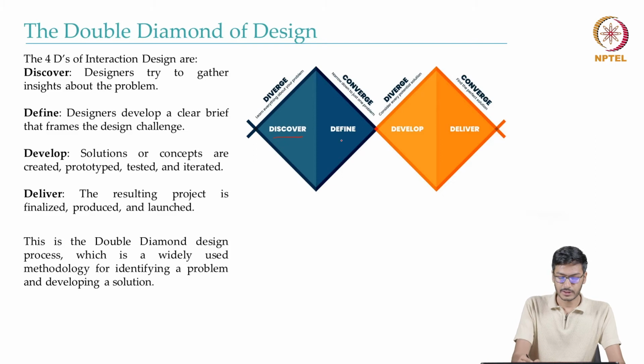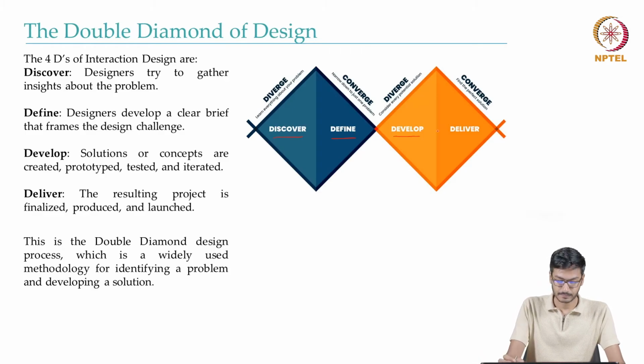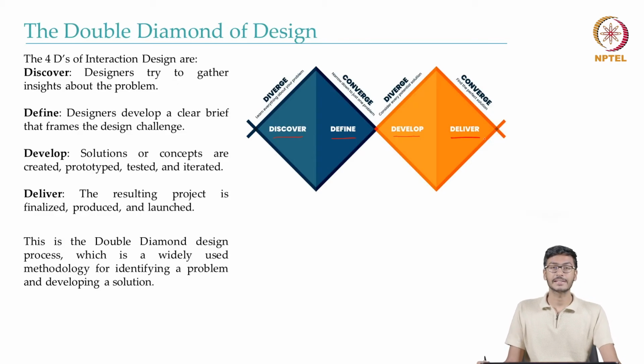As we move forward, we define the problem, what exactly challenges are faced by the users, and then we develop solutions and test it. And finally, we deliver the product which is finalized and launched. This is the double diamond design, which is widely used for identifying a problem and developing its solution. We'll spend a few more minutes on this.